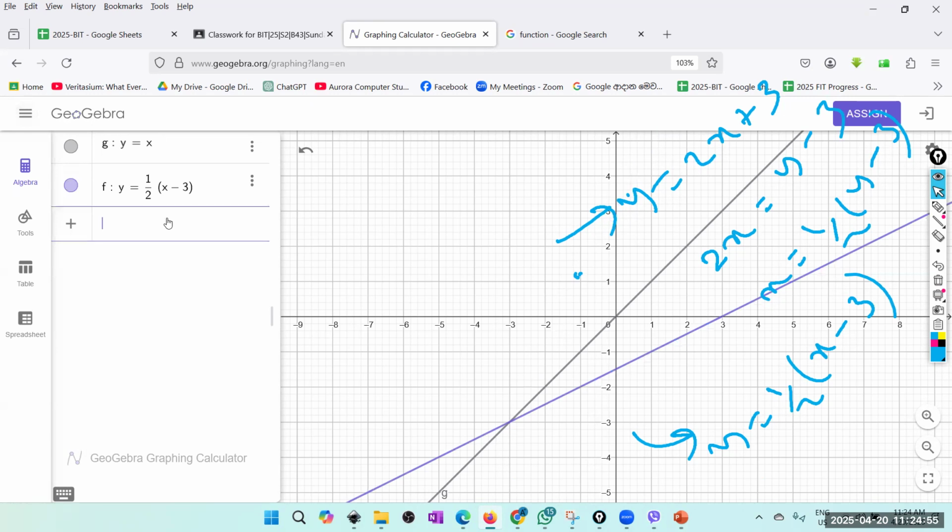And if you draw the y equal x line, you can clearly see that it is the inverse. This is your function and this is the inverse of that. And you can see this is really a function, because it's 1 to 1. And this is also a function because it is also 1 to 1. So there are situations where you have a function and its inverse is also a function.